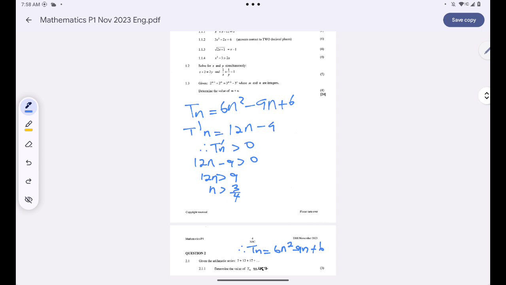So your n has to be a natural number. Indeed it is here, because I know that n can be anything which is greater than 3 over 4, right? So which simply means that n is greater or equal to 1. Are you together? Remember that 1 is the first natural number we have on the number system.